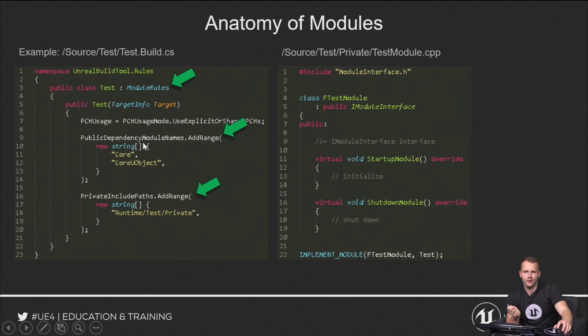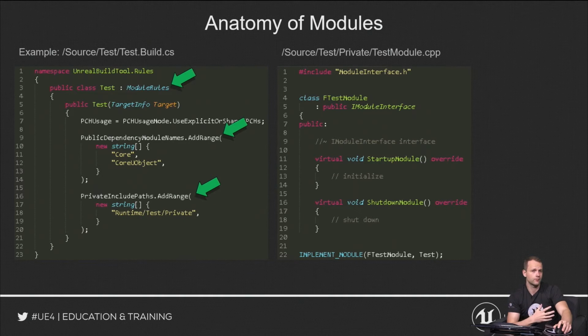There are several other properties that are similar. For example, there's also PrivateDependencyModuleNames, which is a collection of module names that are required for your module's private implementation. So the private dependencies are only used when compiling your module itself, and the public dependencies will also be re-exported to other modules that depend on your module.